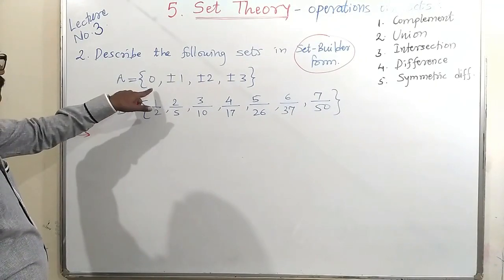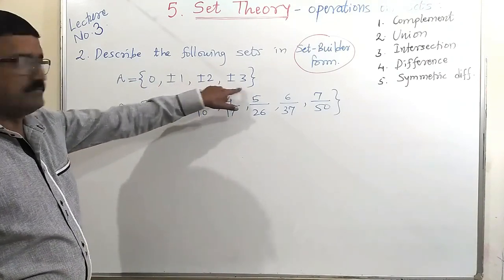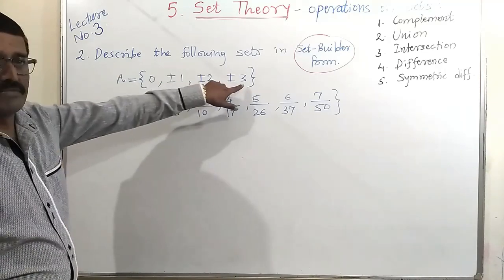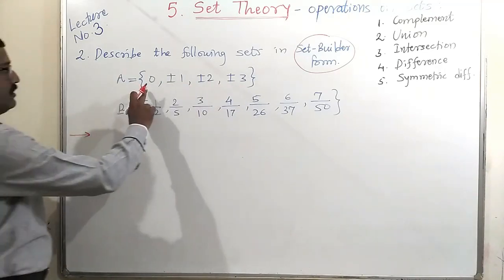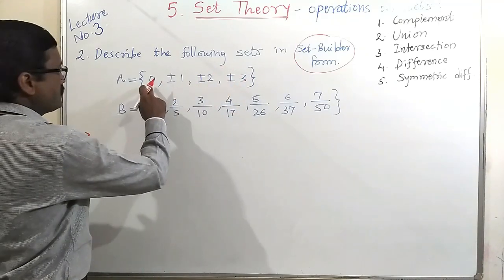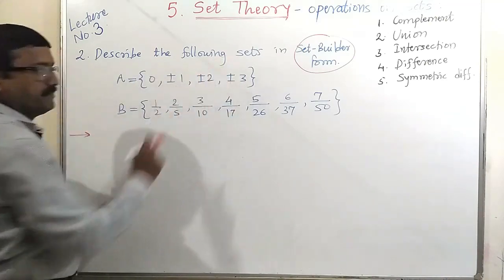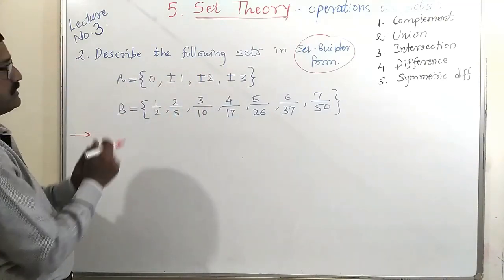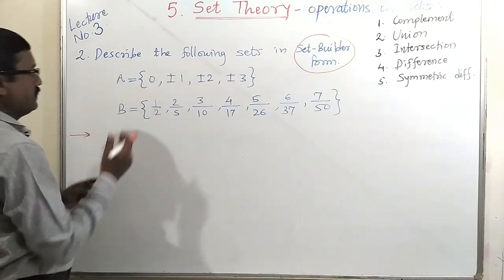First, if you observe carefully, this is 0, plus minus 1, 2, 3, means these are positive and negative integers with 0, means all these are integers. The smallest integer among these is minus 3 and the largest integer is plus 3. So these are the integers which are greater than minus 4 and smaller than 4.